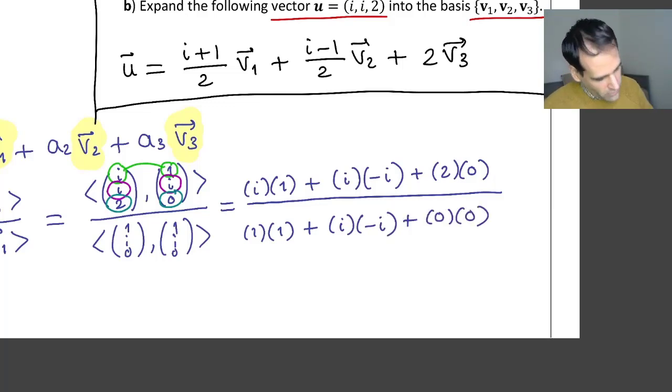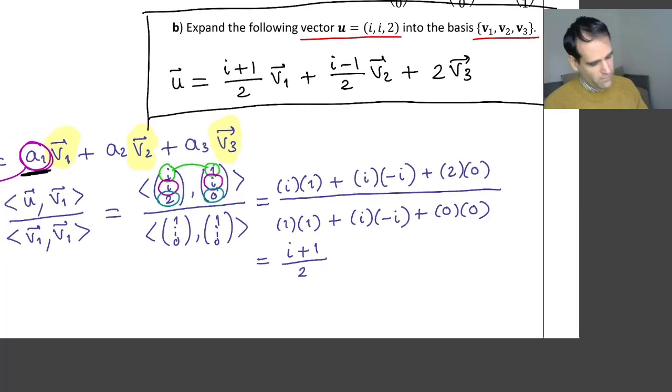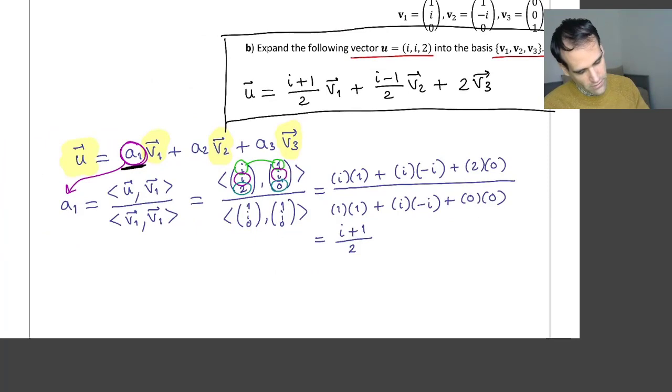So the result on top is i times 1, which is i, plus i times minus i, which is 1, and on the bottom we have 1 plus 1, so we have 2. So that's the first coefficient in this orthogonal basis. Notice that it agrees with what we got solving a linear system of equations. So far so good. Let's check the second one.